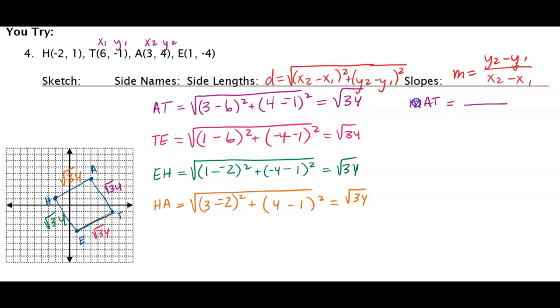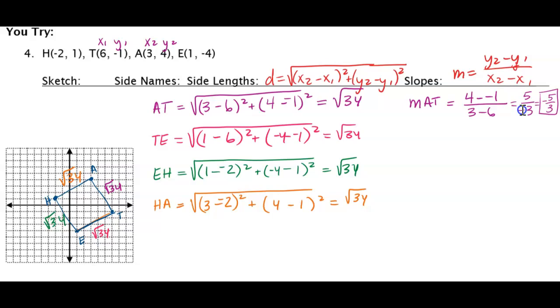All right, so for the numerator of my fraction here, it would be 4 minus negative 1. And then x2 minus x1 would be 3 minus 6. Now we have to do a little bit of simplifying here. 4 minus negative 1 is 5, and 3 minus 6 is negative 3. So this is our final answer. Usually you'll see it written with either the negative out in front or with the 5. But either way, negative 5 over 3, that would be our slope.